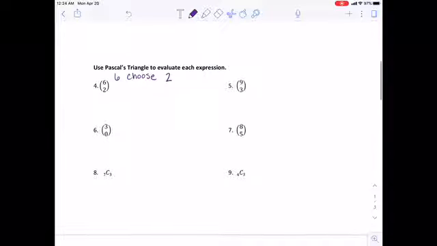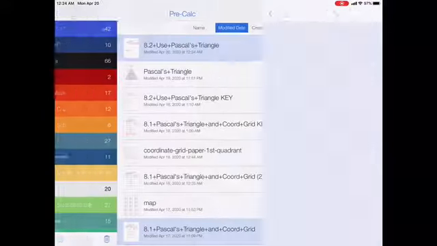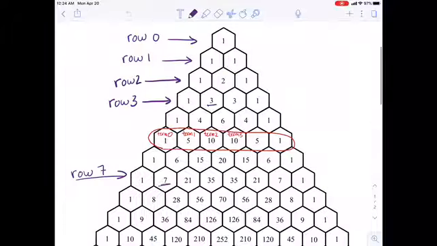So 6 choose 2 means that I want to look at row 6, term 2. So I'm going to pull up my Pascal's triangle, and I want row 6, term 2. So here's row 6 right here. And remember, the first term is actually term 0.